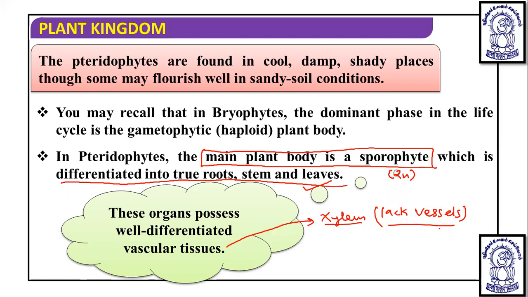So tracheids are mainly responsible for transport in the xylem. And in the phloem, they lack sieve tubes and companion cells.